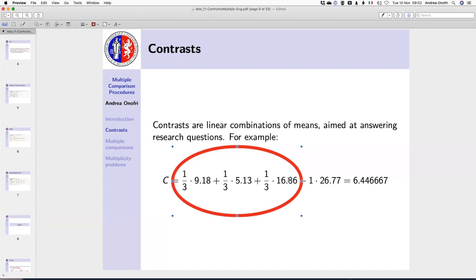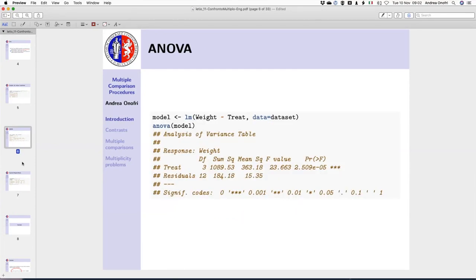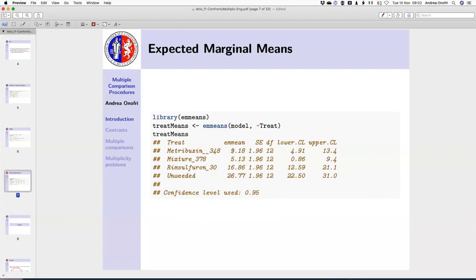So what we are doing is calculating the mean, singular, for the first three treatments. So this part here is the mean for the first three means. If you look back at the means here, you see that the first three means are the herbicides.